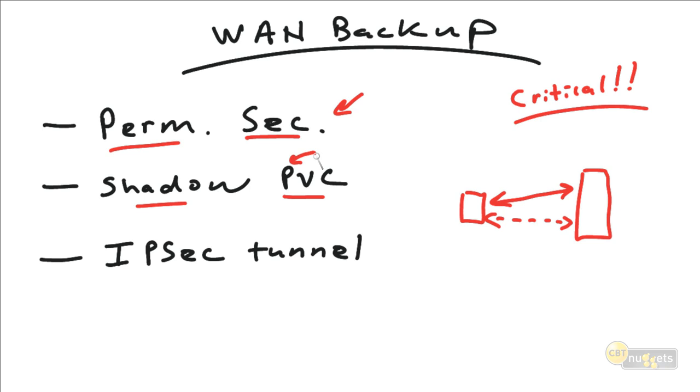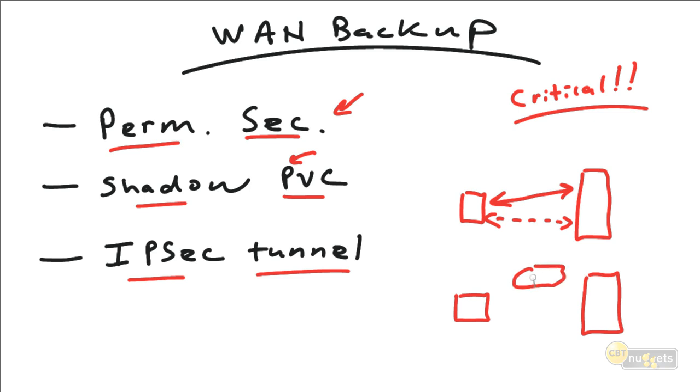And then another solution that is even lower cost than anything we've mentioned so far would be to say, look, let's just do an on-demand IPsec tunnel when we need that redundancy. So we might have the branch office, and we might have headquarters, and we might have an ISP, we'll say ISP A, and we have this permanent way in which we get to headquarters via that connection.